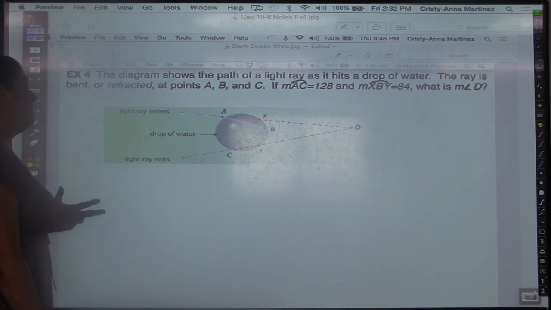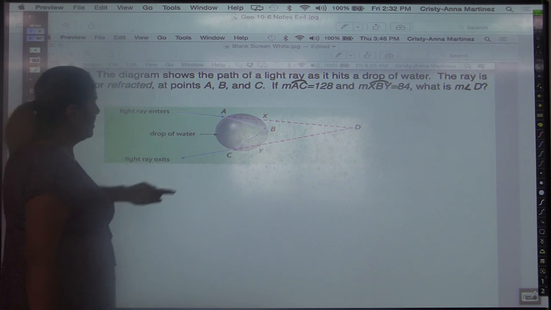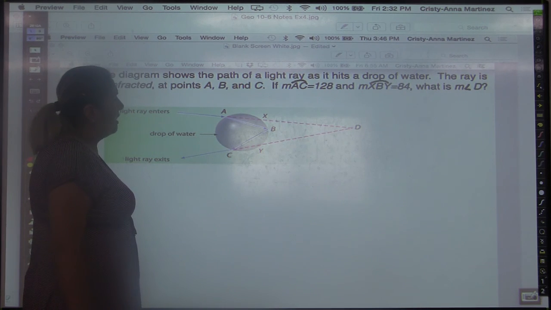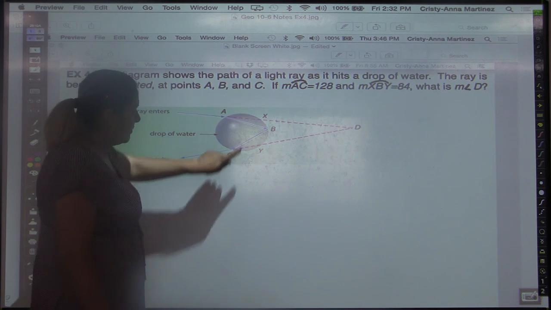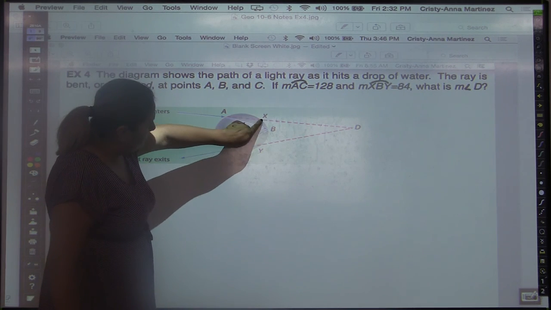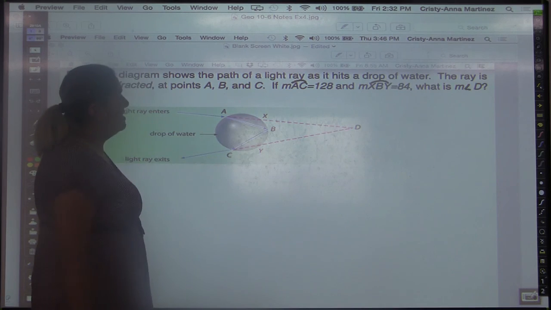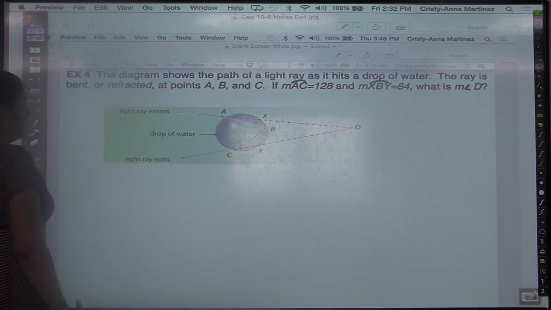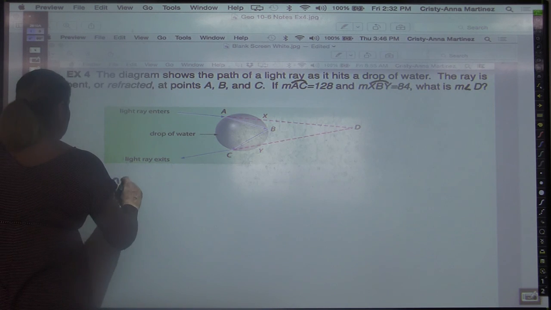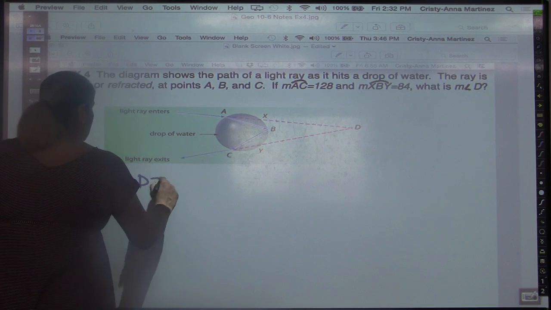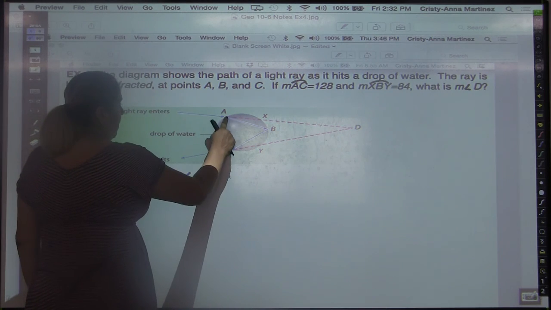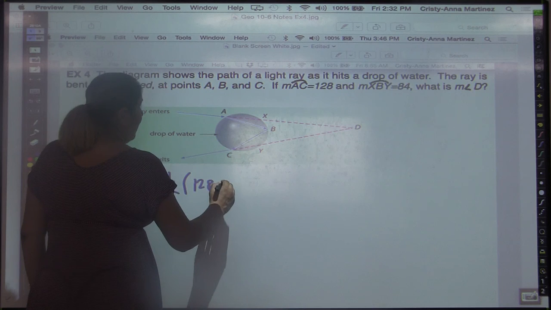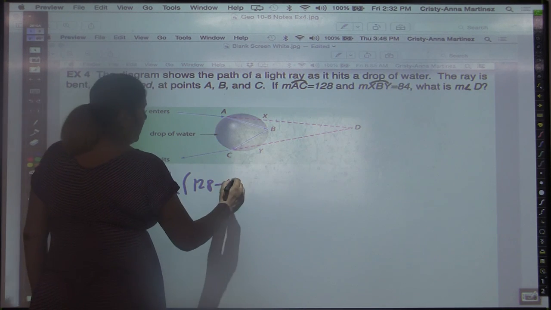And it's telling us that the measurement of arc AC, which is this arc here, is 128, and the measurement of arc XBY, this smaller one here, is 84. What is the measurement of angle D? Since angle D is exterior to the circle, we know that the measurement of angle D is equal to 1/2 the difference of the larger arc, AC, which is 128, minus arc XBY, which is 84.